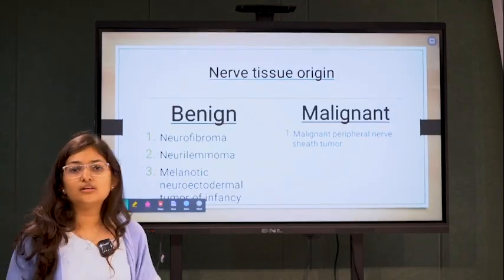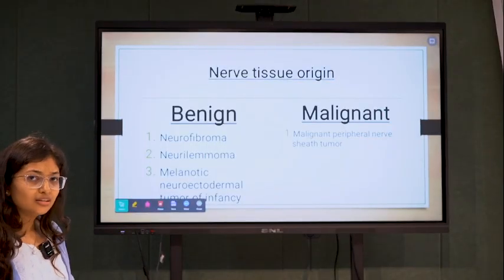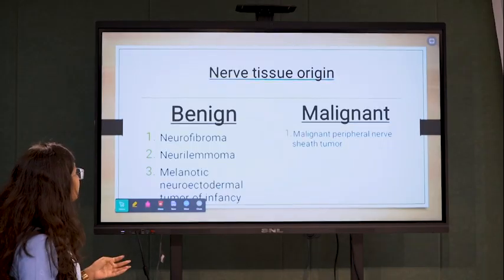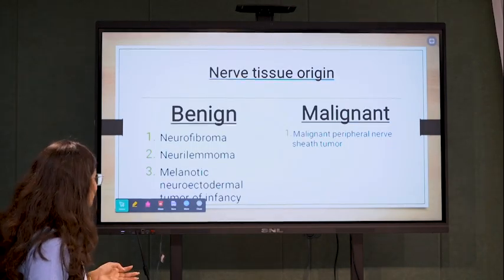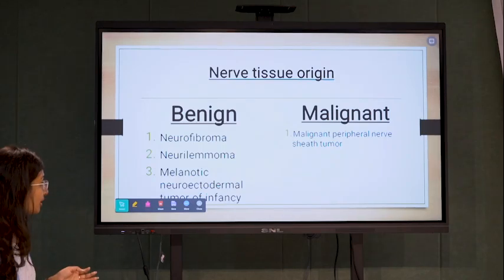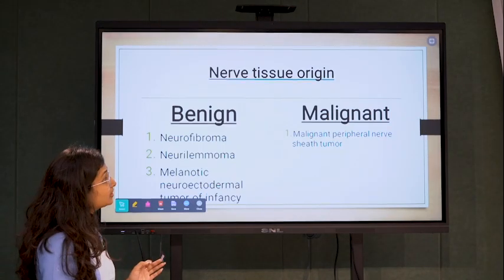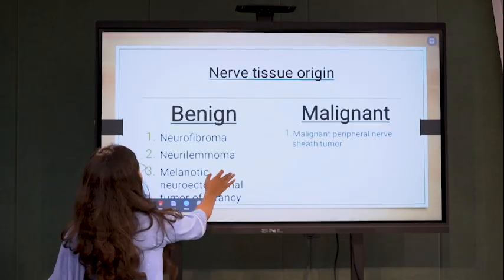From nerve tissue origin, it can be from the nerve sheath, the nerve bundles or the nervous tissue. So the neurofibroma, neurilemmoma, melanotic neuroectodermal tumor of infancy, and in malignant it has peripheral nerve sheath tumor.